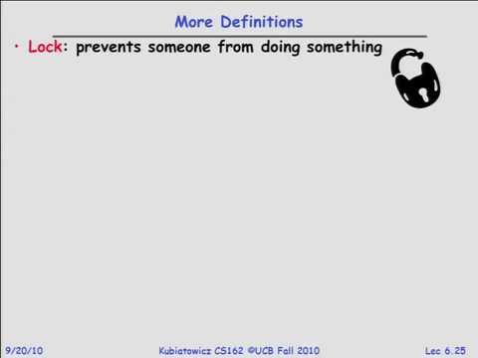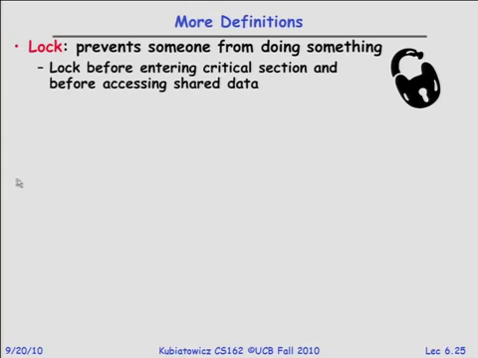So we're going to lock before entering a critical section and before accessing shared data, and then we'll unlock when we're done. By doing that, the shared data will be protected so that only one thread can mess with the shared data at once. And if the data is locked and you try to lock, what happens?